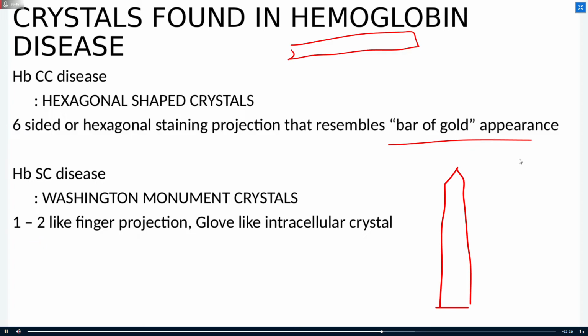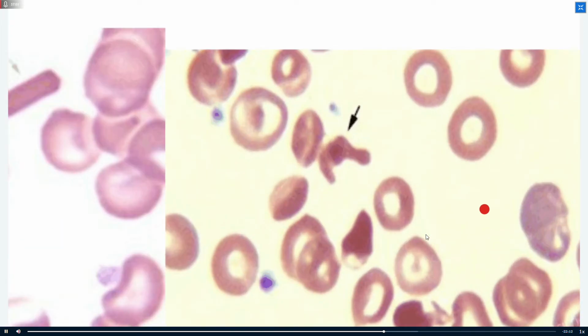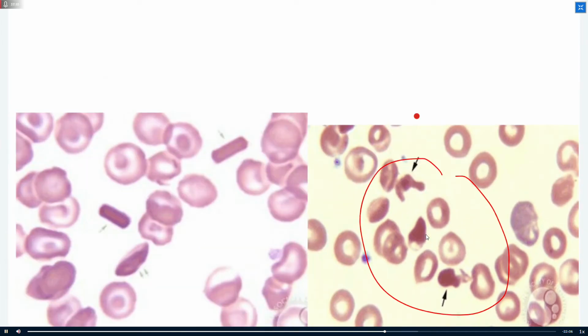It would appear like a 1 to 2 like finger projection, glove-like intracellular crystal. Ganito yung tsura niya kasi. Ganyan yung tsura niya. Akala ko talaga nung una, ganun na ganun. May patusok, ganun. They would appear like glove-like with a projection.